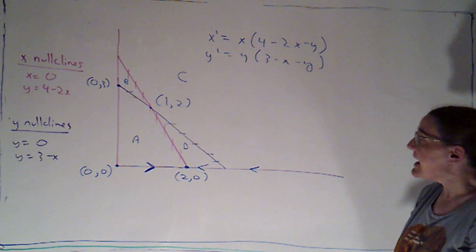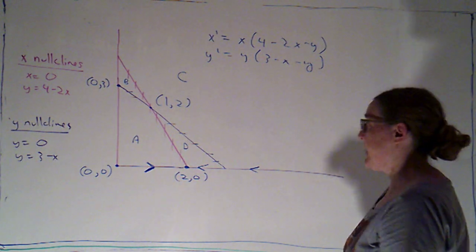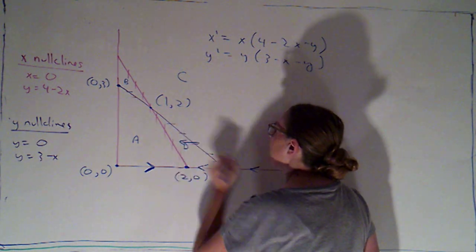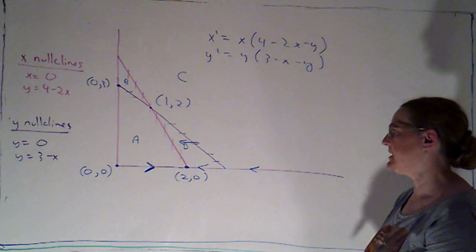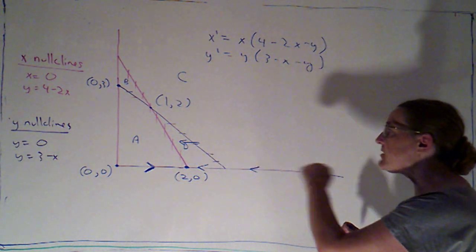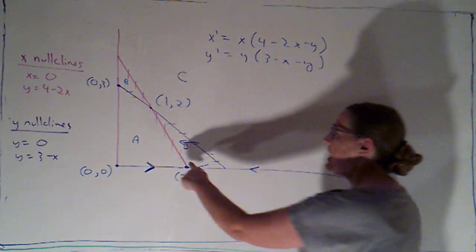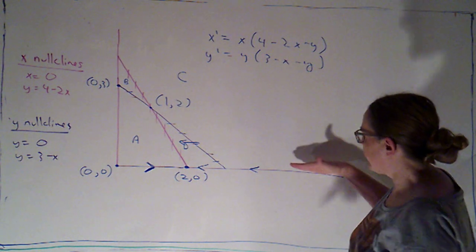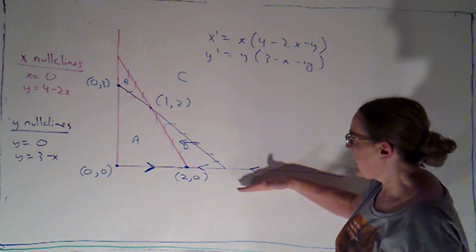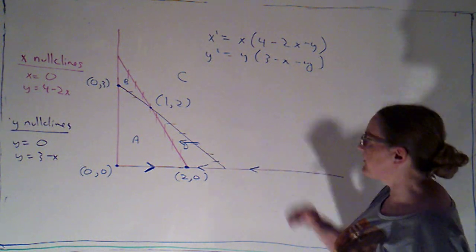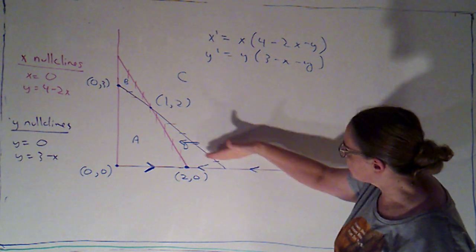What's kind of neat about that is that it also tells me that we're going to the left along this line segment right here. Because I know that the only place where my horizontal direction can change is when I hit a y nullcline. My curves have to be consistent with that.